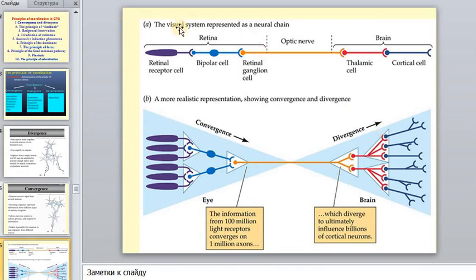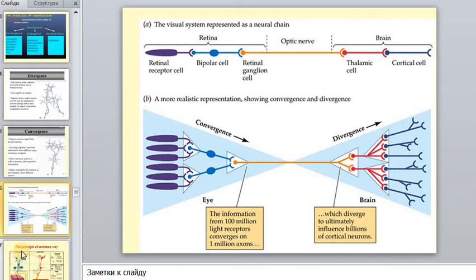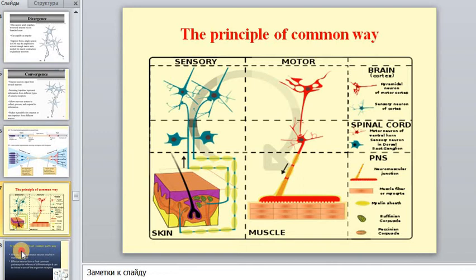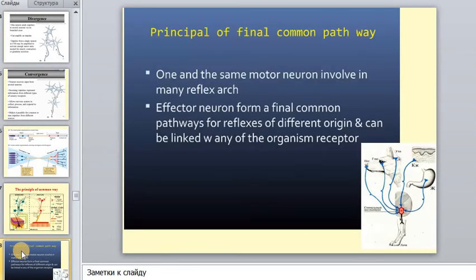The visual system is represented as a neuronal chain. It's a very large count of neurons, and in general the principle of the common way, it's more for soma, for body, and this principle you see in the picture.